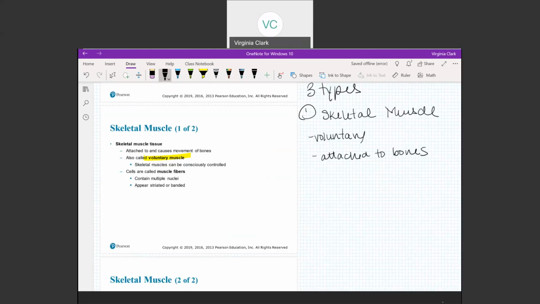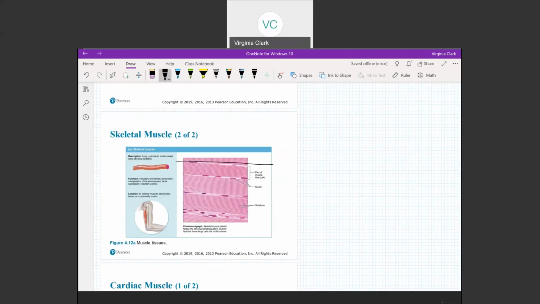So these voluntary muscle cells are also going to be multinucleated. So in one cell there are going to be a lot of nuclei. And these muscle cells are going to be striated. So when we're looking at this skeletal muscle, here is our one muscle fiber.